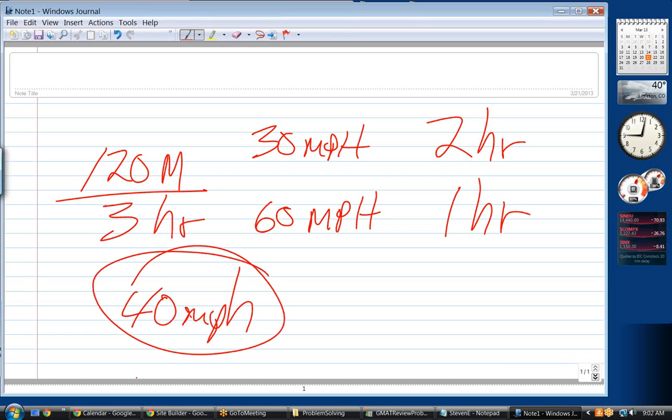In other words, you never want to really compare this to this. You're going to have a hard time coming up with the correct answer. The reason it's not 45 is because we spent 2/3 of the trip traveling at 30 miles an hour, and only 1/3 of the trip traveling at 60 miles an hour.